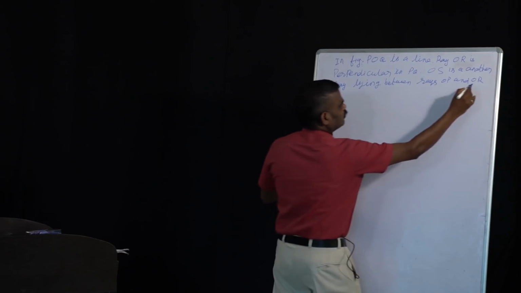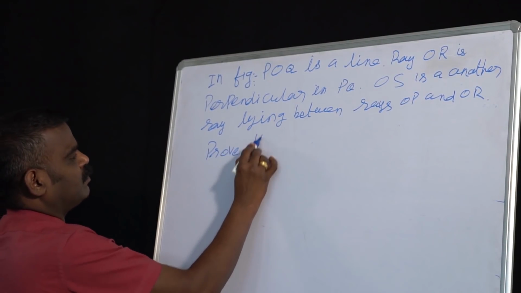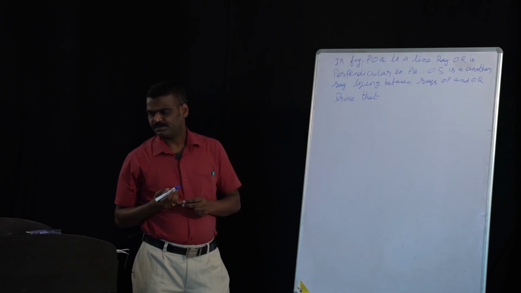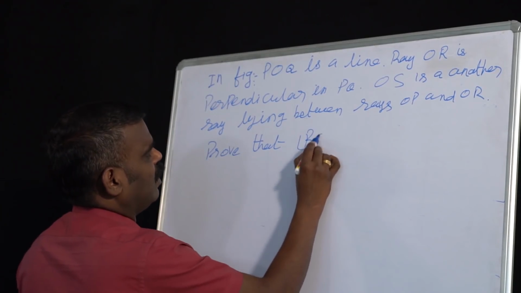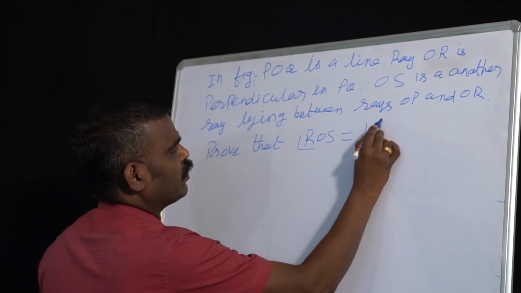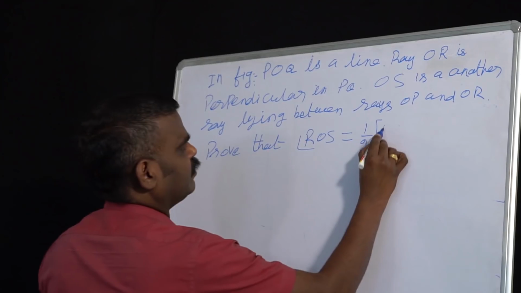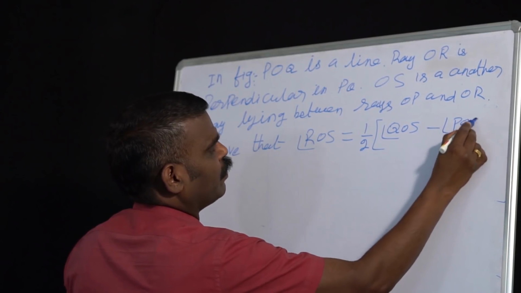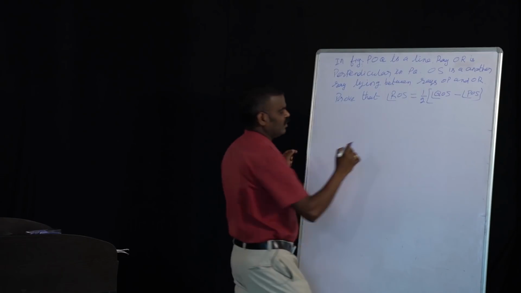Then prove that angle ROS is equal to 1/2 of angle QOS minus angle POS. These are the questions. Figure.